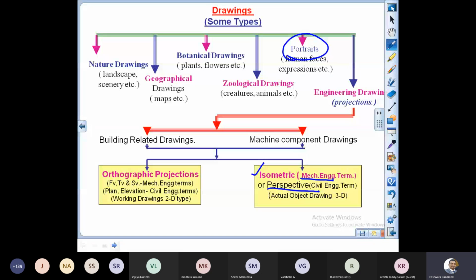Let's say, consider a stool. Consider a stool, how it will be.